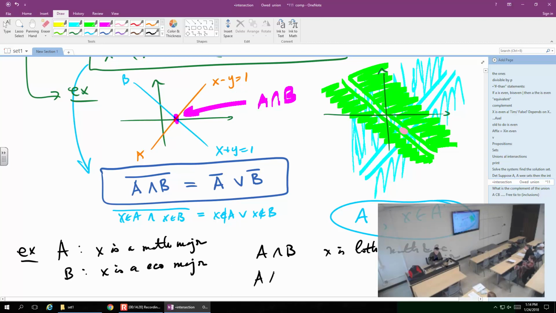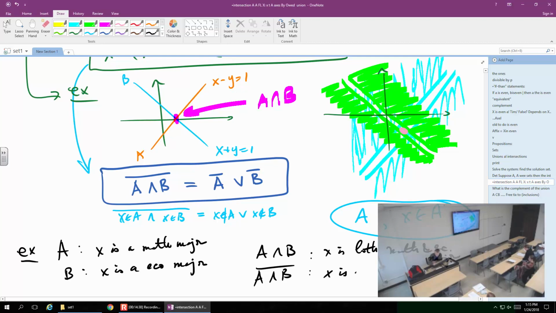And the negative is x is either not one or not the other. So he could be a math major as long as he's not also an economics major.